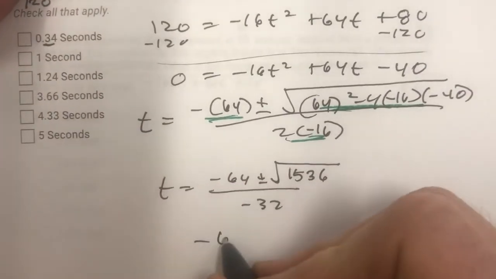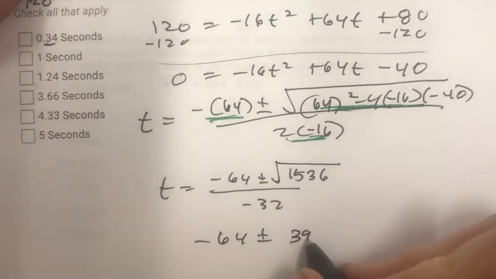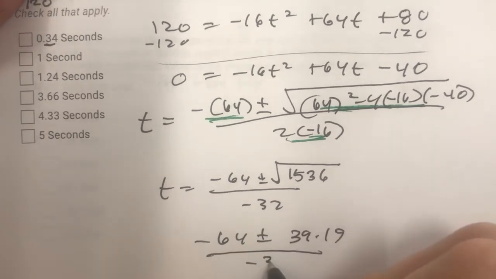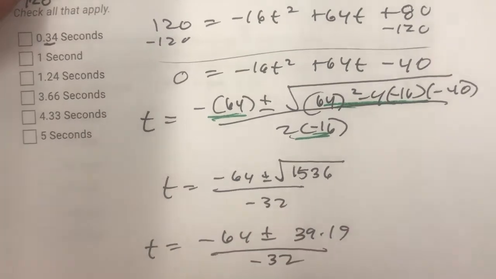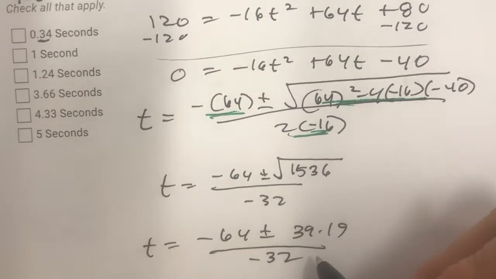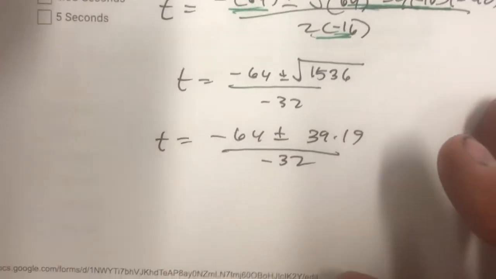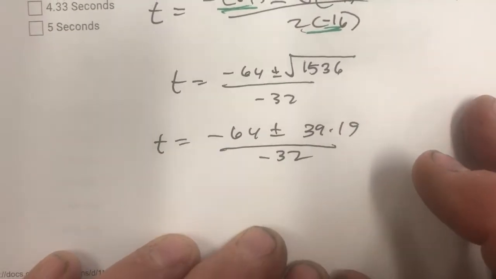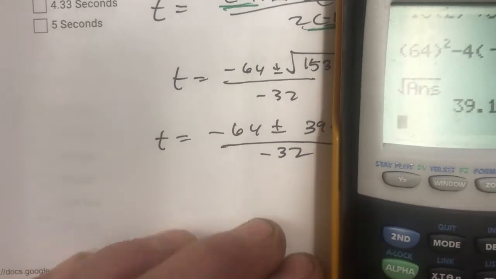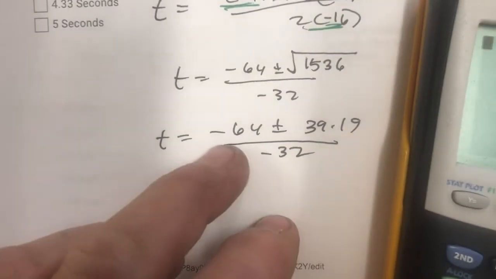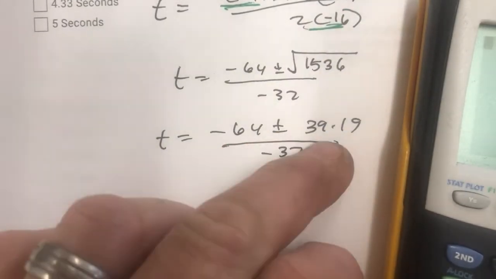So here you go. There you go. So when I do that square root, I get 39.19. All right, well now we're going to have 2 answers here. So I'm going to do negative 64 plus this.